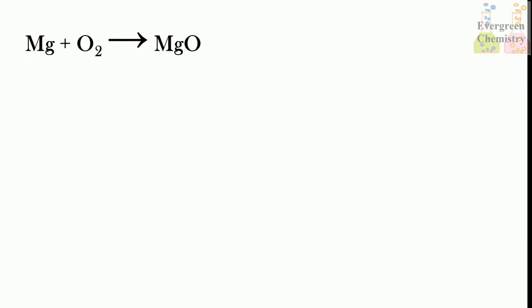Let's balance one more equation. Simply write the number of atoms in LHS and RHS. Now we can balance the number of oxygen atoms by multiplying the coefficient of the product MgO by 2. So it's 2 MgO, right? That is, the number of magnesium and oxygen atoms in RHS is 2.